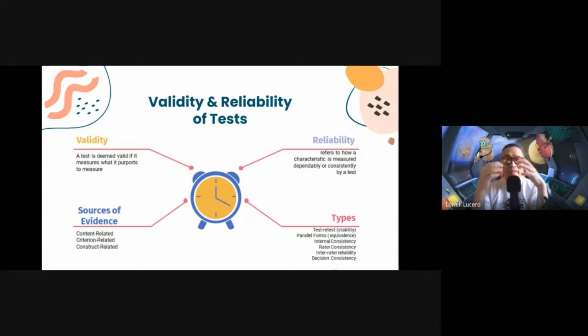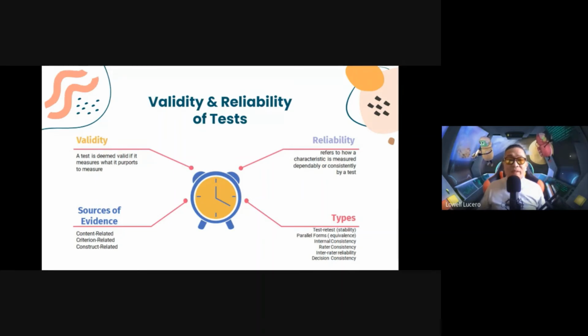So if the test is given at this period, and then you retest the child with the same test, it should yield almost the same result. If the result is consistent, then the test is reliable. Okay, so there are different types of validity and reliability. For validity, we have content-related evidence, criterion-related evidence, and construct-related evidence.